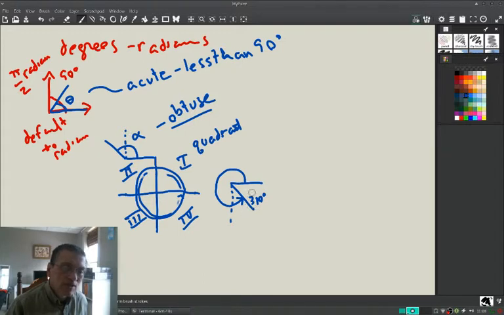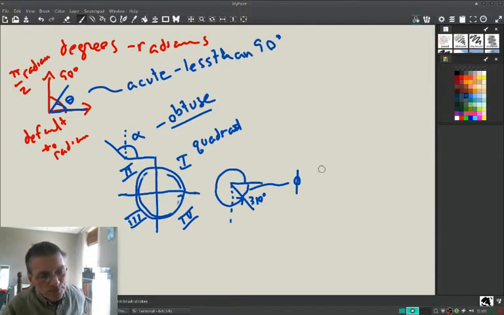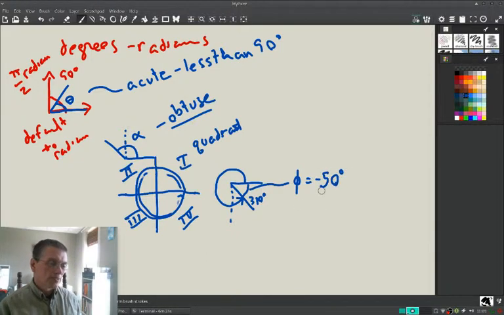This could be 310 degrees. Also, we can measure degrees negatively. That makes sense. If that's 310, then this angle here, angle phi, can be 360 minus 310, minus 50 degrees. So we can talk about angles being negative.